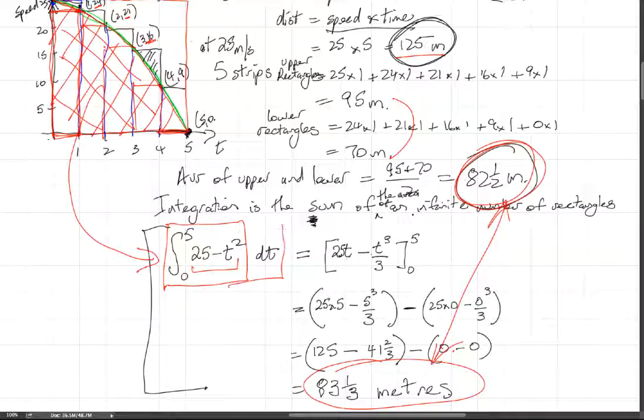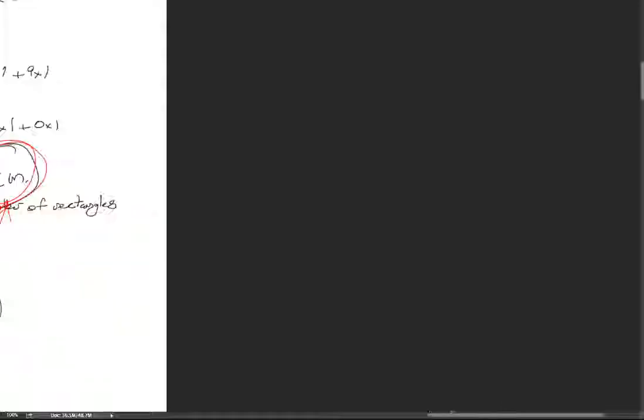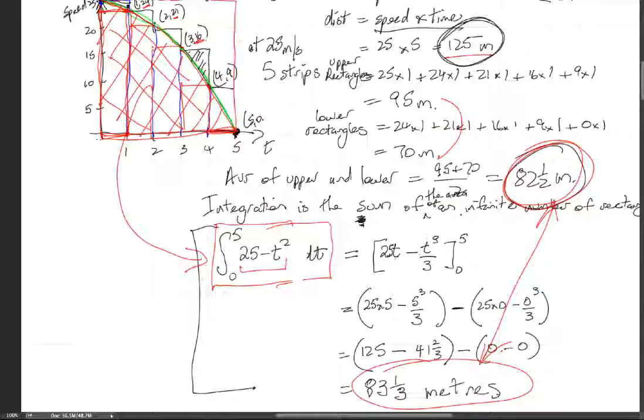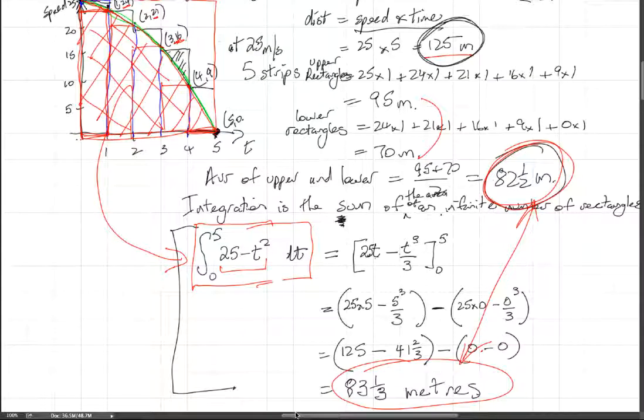So that's an important idea to get your head around, that the integral between 0 and 5 would be the area under the curve, and it just happens because we've got time and speed. Time multiplied by speed is going to give us distances, which is what we did here. All right, so that's an introduction to integral. We're going to come back and do some more examples.